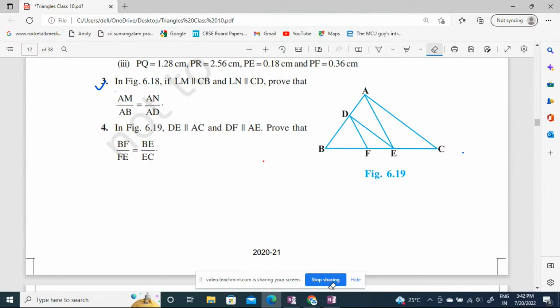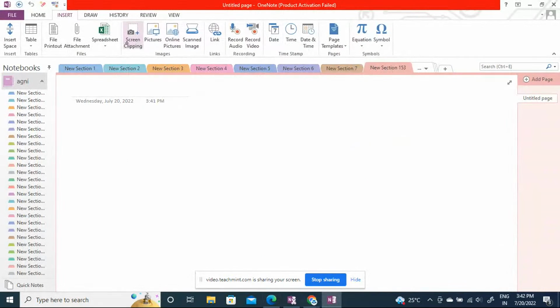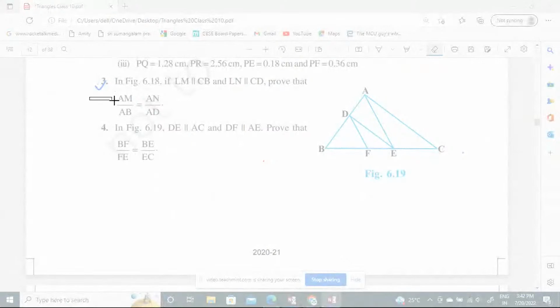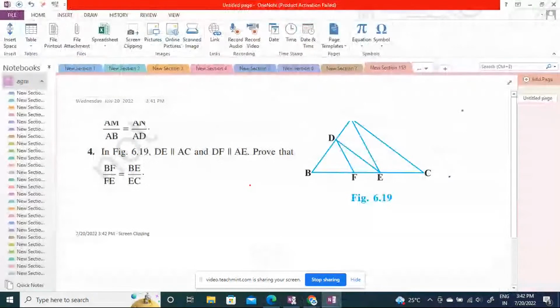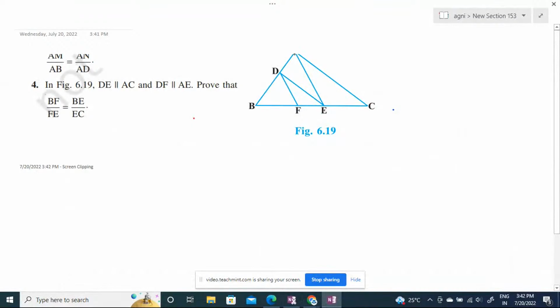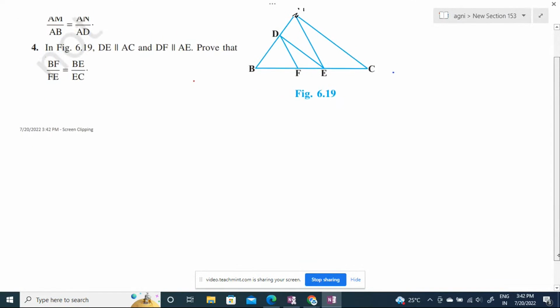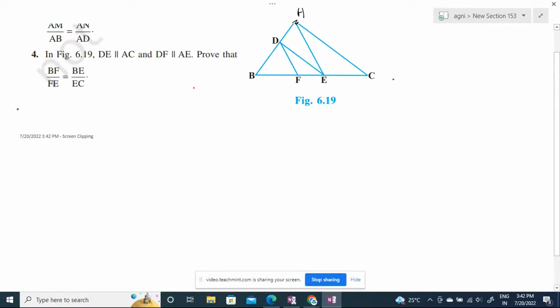Okay. Now this is the question we have. Here it is A. Now see over here. Firstly consider this figure, A, B and C. DE is parallel to AC.